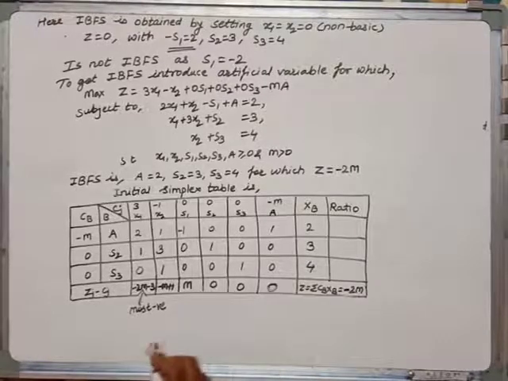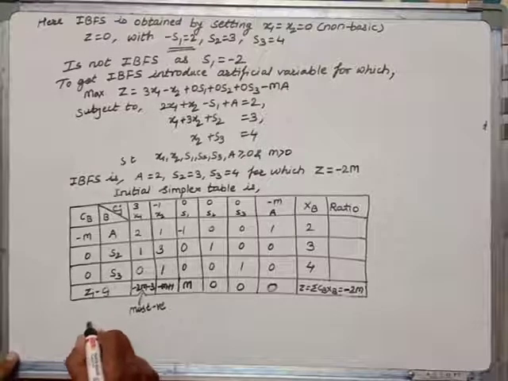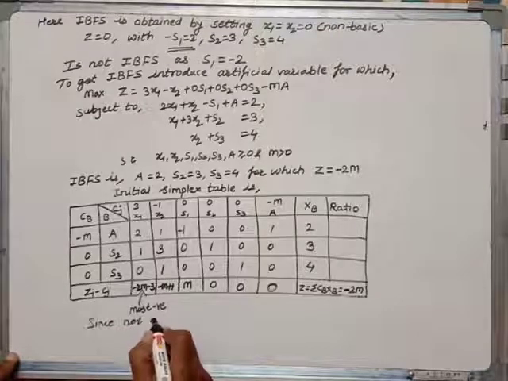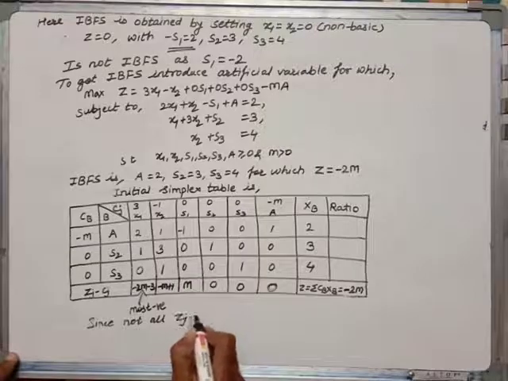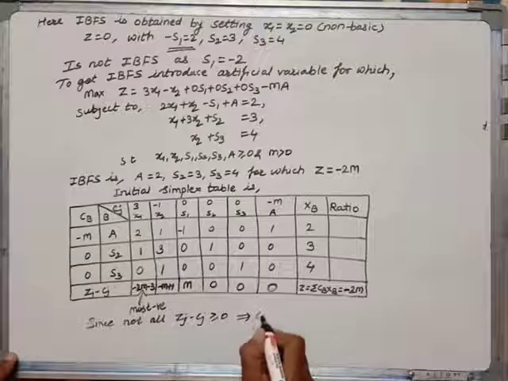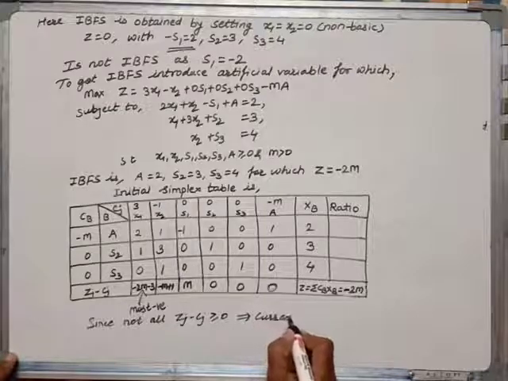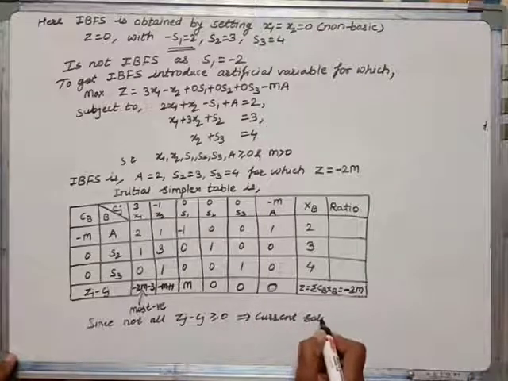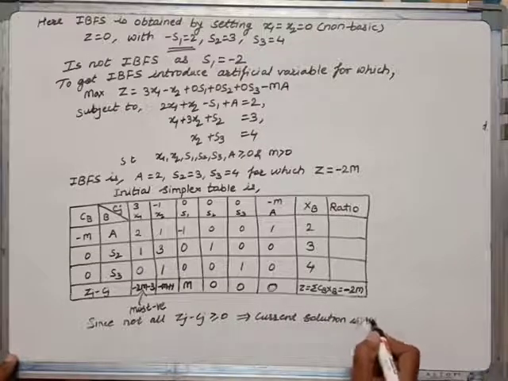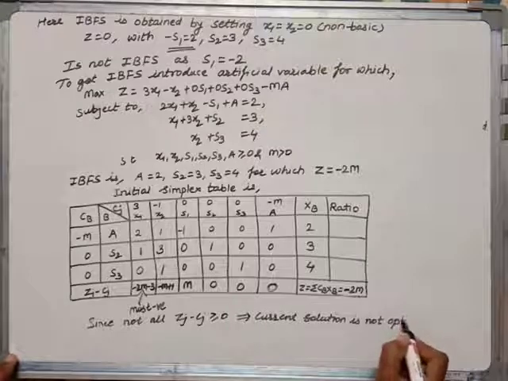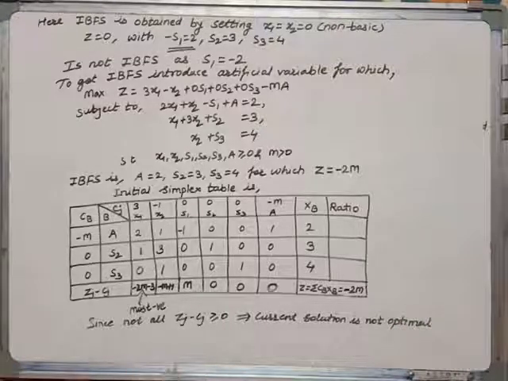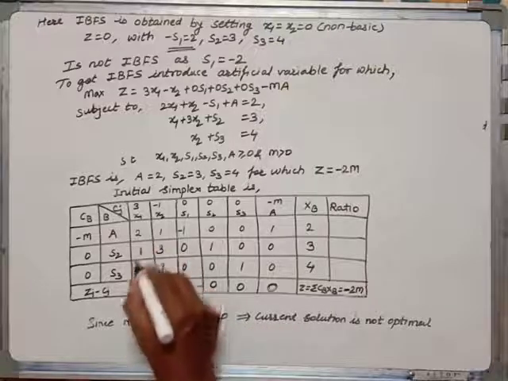Now let me write first, since not all Zj minus Cj greater or equal to 0 implies current solution is not optimal. Current solution is not optimal. Now let us determine a pivot element. Now this is a pivot column.